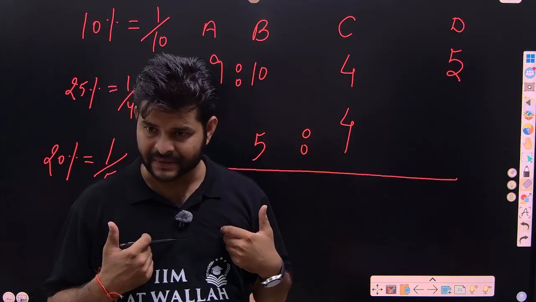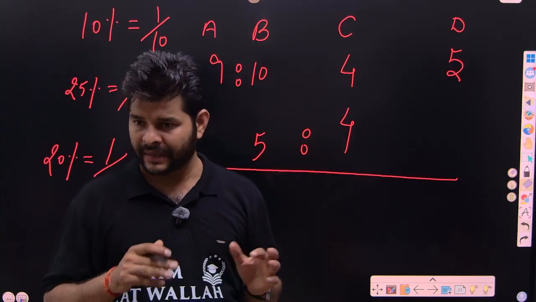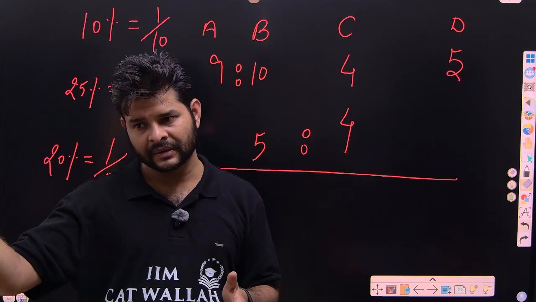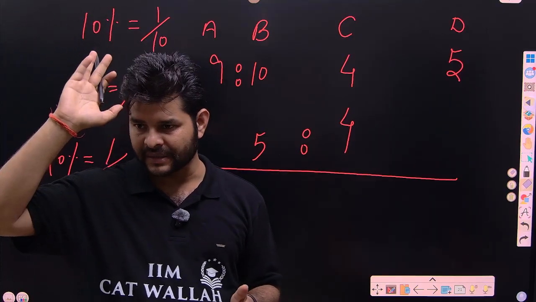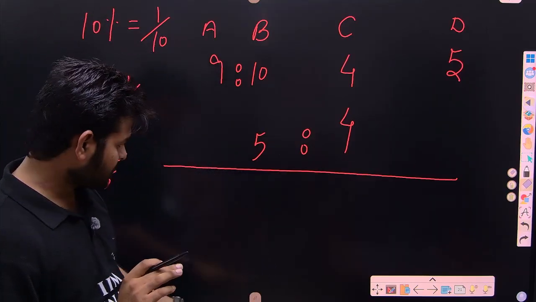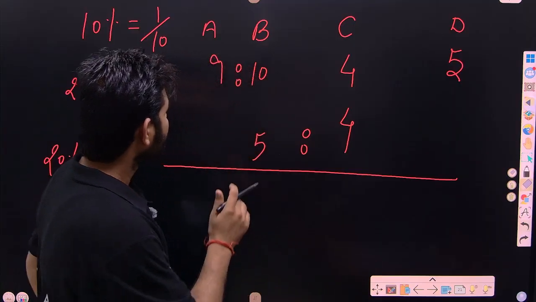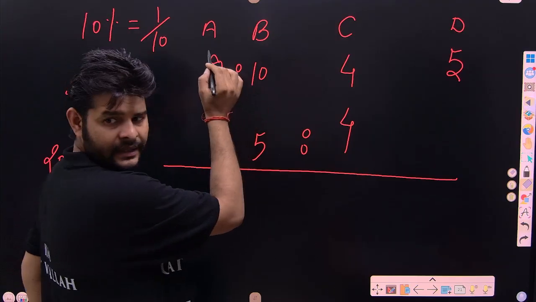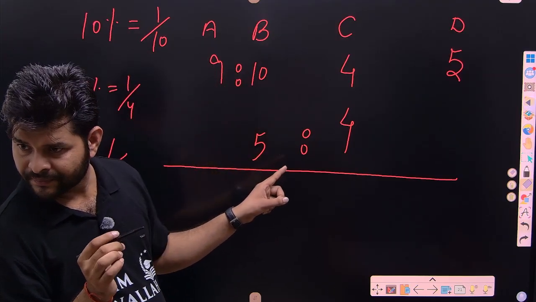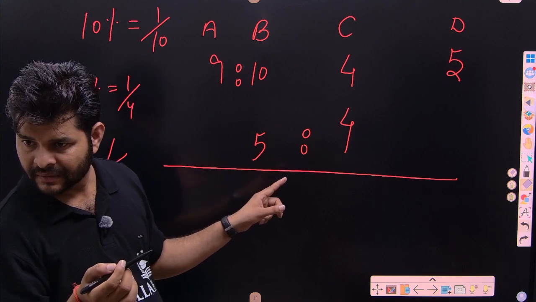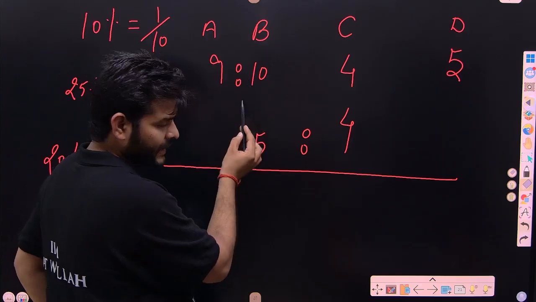If I am the same person, whatever my value is in this class, that would be the same in the second class, and again the same in some other class. So the question is saying B is representing 10 here and B is representing 5 here. So B must be the same because it is the same person. So I need to make it equal.